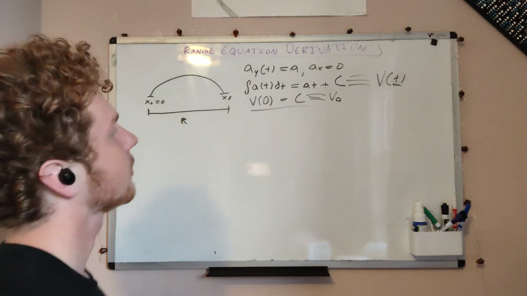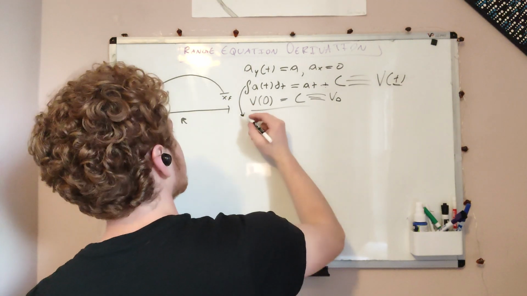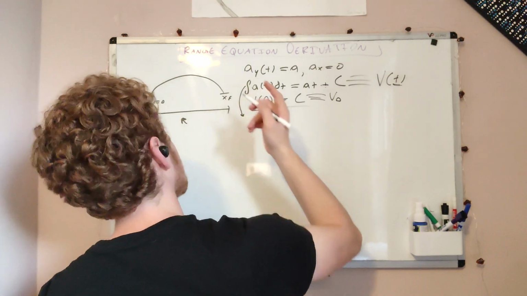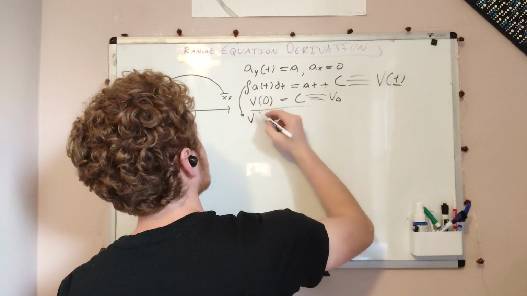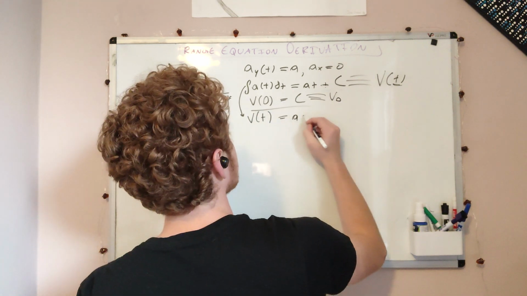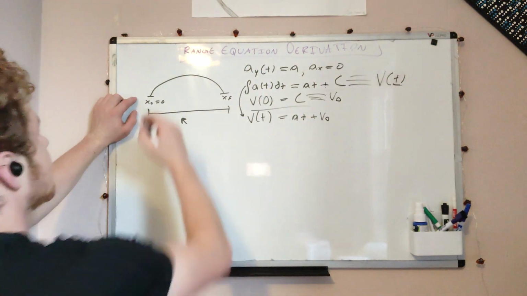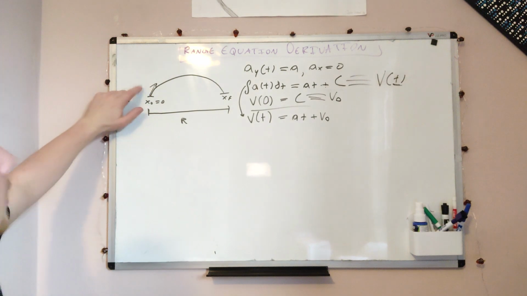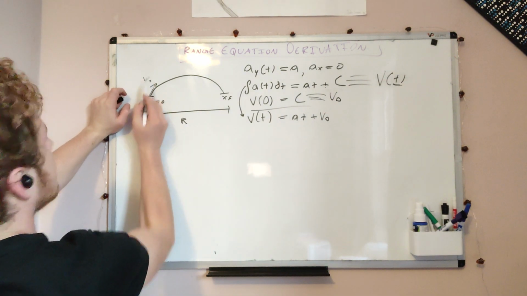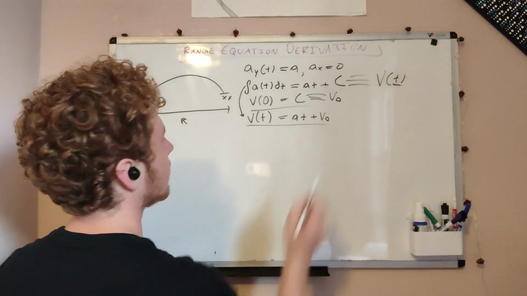And so now we have an equation of motion. So for velocity, v of time t is equal to at plus v naught. Okay, and right here is our v naught. So that's one of them right here.